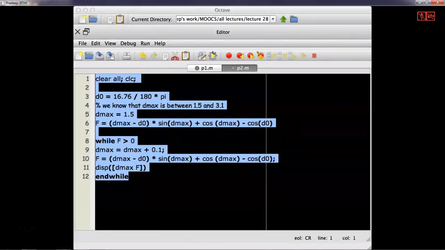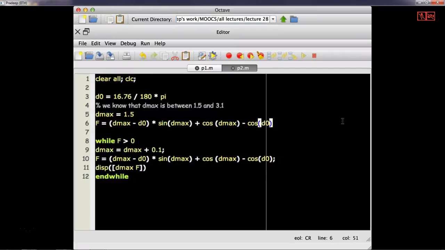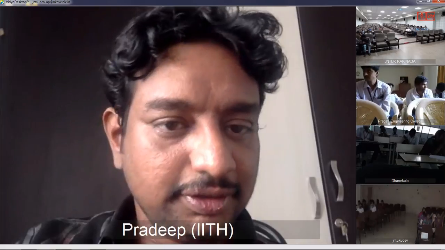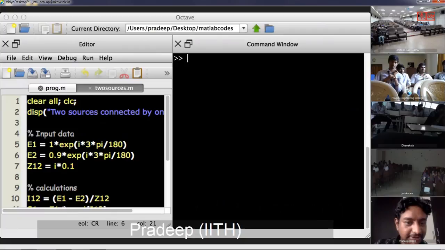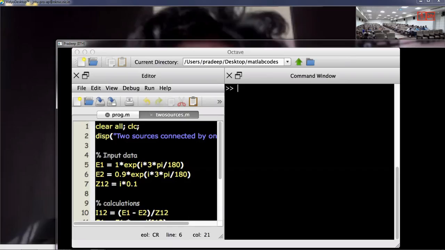I think I went into an infinite while loop. So let me restart the code. Just give me a minute. Because of that, my program got hanged, so I'll once again open the code.